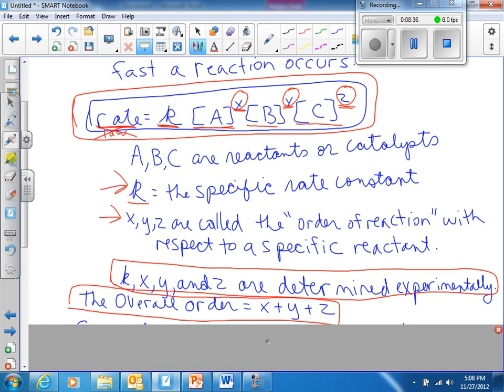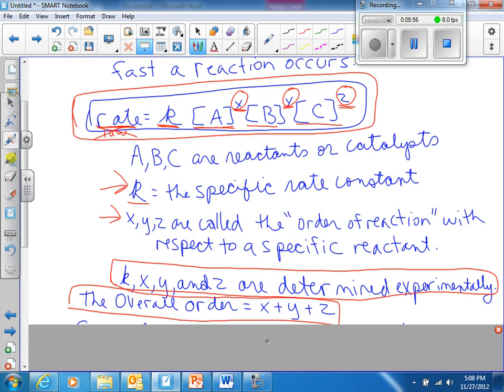The order of the reaction with respect to a reactant represents how many of each reactant are present in the activated state, the activation complex for a reaction.